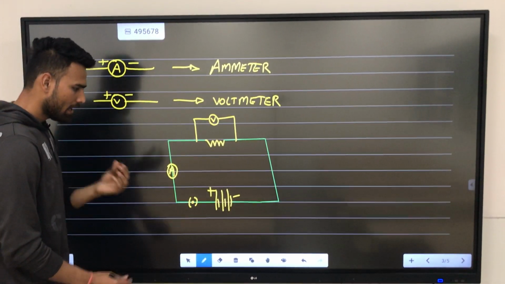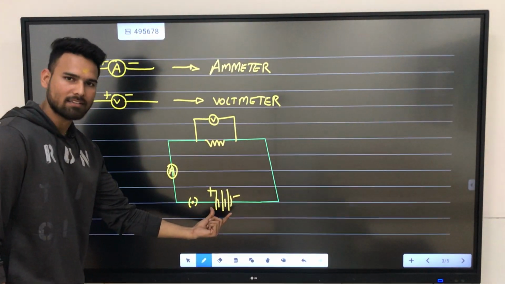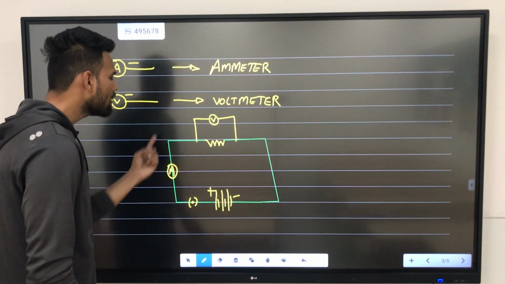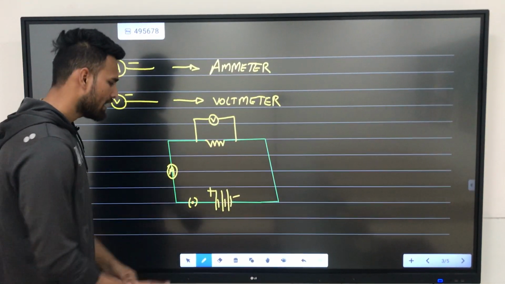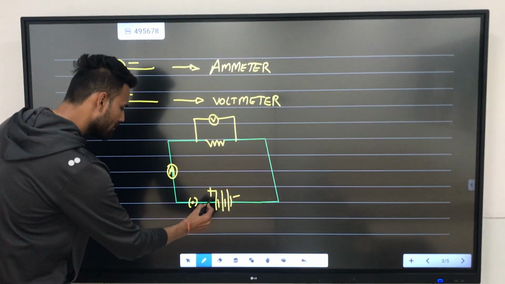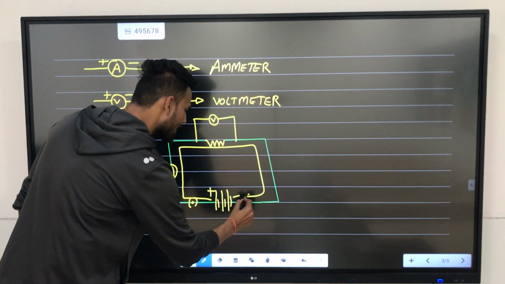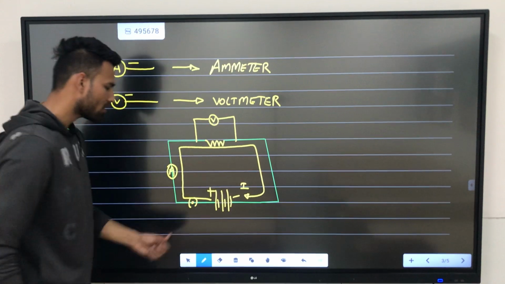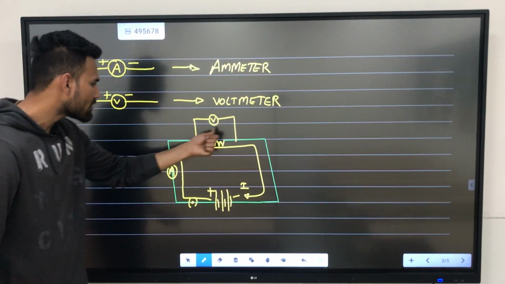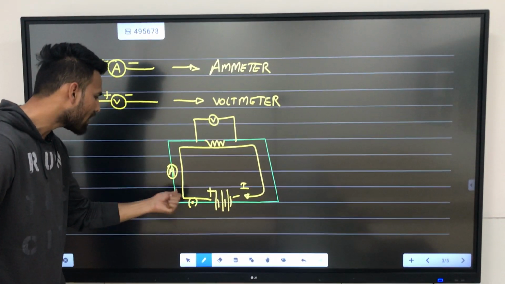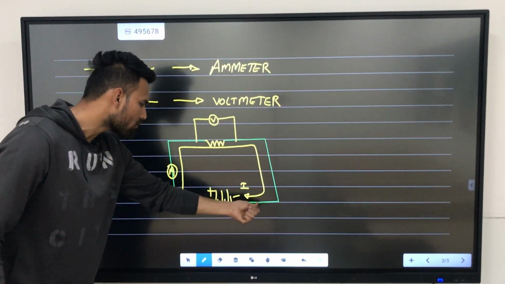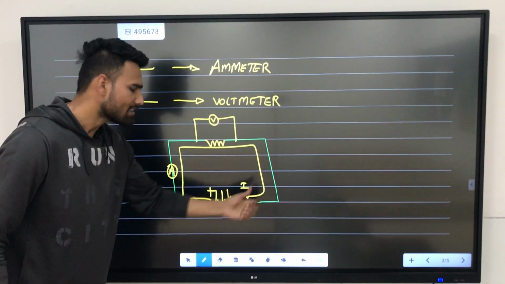Now if there is a battery, a current will be flowing in this particular section, and the section in which the current is flowing will be called the electric circuit. Am I clear or not? This particular closed and continuous path in which the current or the electrons are flowing is called the electric circuit.